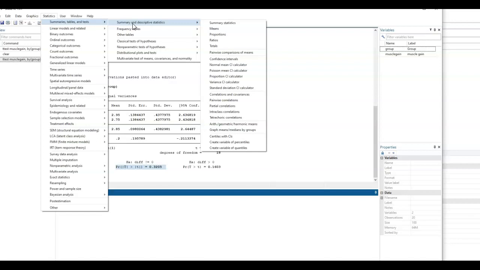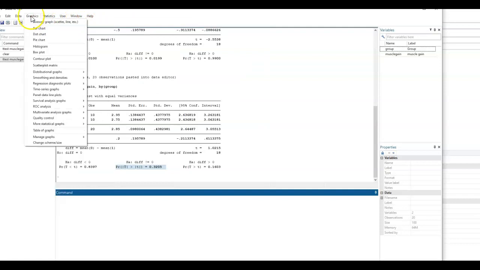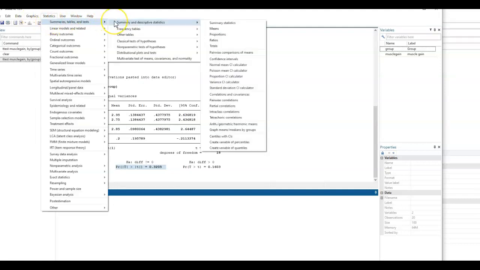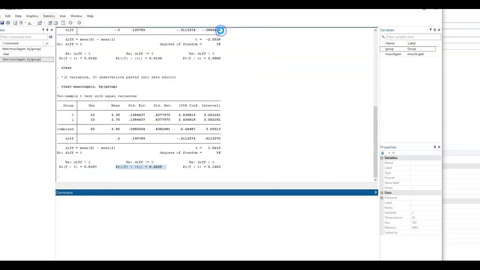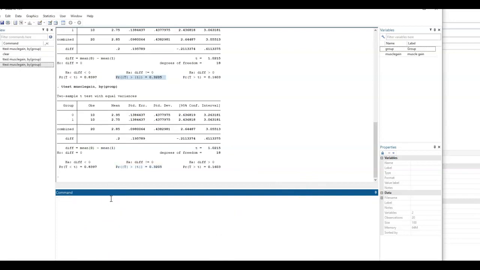So what we might end up doing is typing in t-test, muscle gain. So this is one of our variables right here, muscle gain. And then we want the difference to be by group, so by group status. And this is the output that we get.